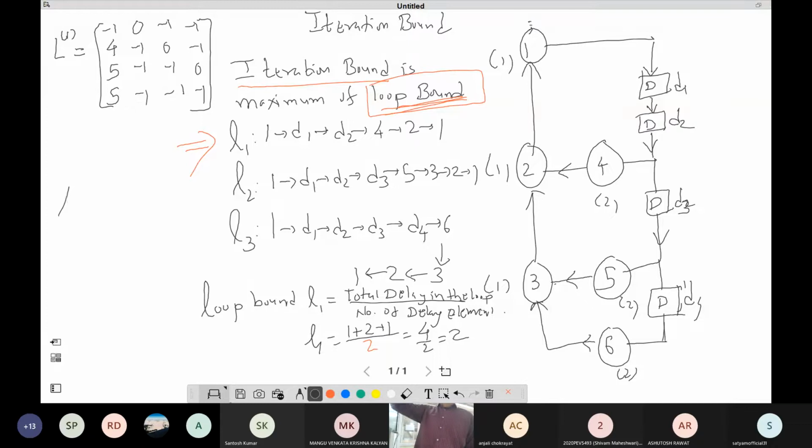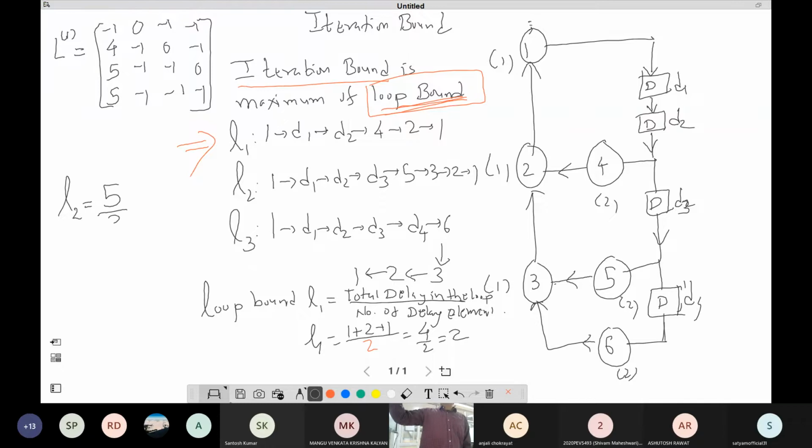Similarly, I need to find out L2. What is L2? Again, total delay in a loop divided by number of delay elements. So for L2, total delay is 5, and delay elements 3.